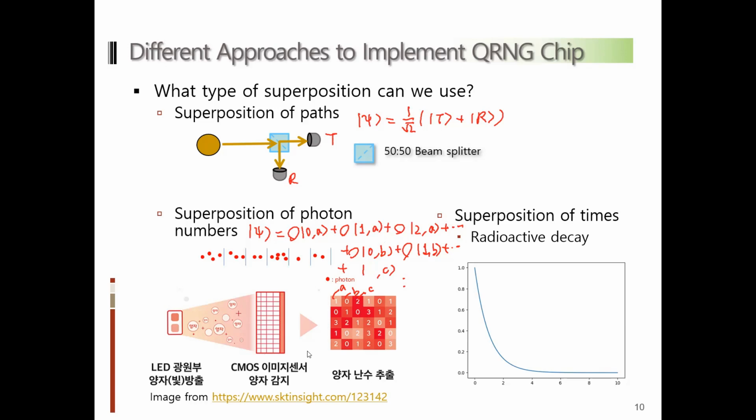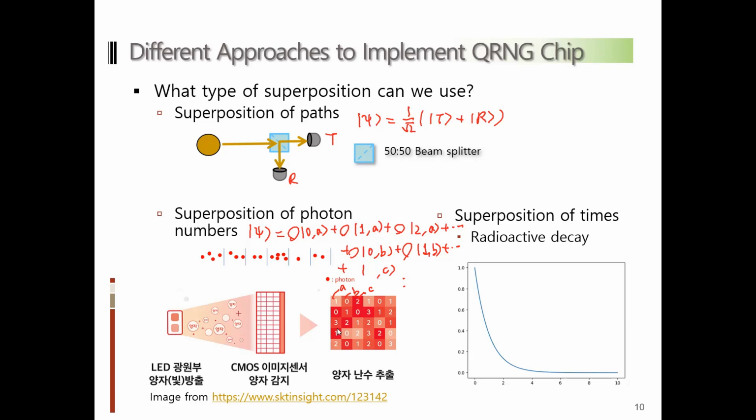In the past, the sensitivity of these CMOS image sensors was poor, or you might say that they were too noisy, so you could not really distinguish between 1 photon and 3 photons impinging on each pixel. But nowadays, the noise level of this image sensor has become really low.